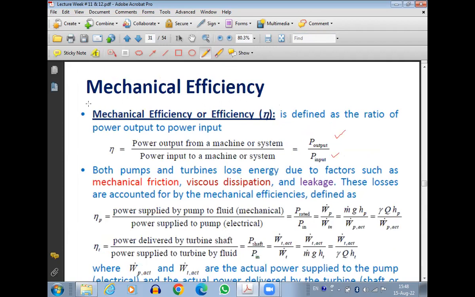Okay, now here is one conceptual thing that needs to be understood. When we are talking about power, there are two types of power. One is the mechanical power, which is also related to the electrical power, because when you have something rotating, that's mechanical power, connected to a generator, it's going to produce electricity. The electrical power and mechanical power are considered to be the same.